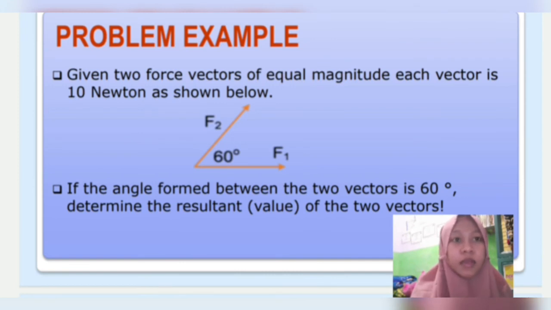The next, I will give an example problem about vectors, namely: given two force vectors of equal magnitude, each vector is 10 Newton as shown below. If the angle between the two vectors is 60 degrees, determine the resultant value of the two vectors.